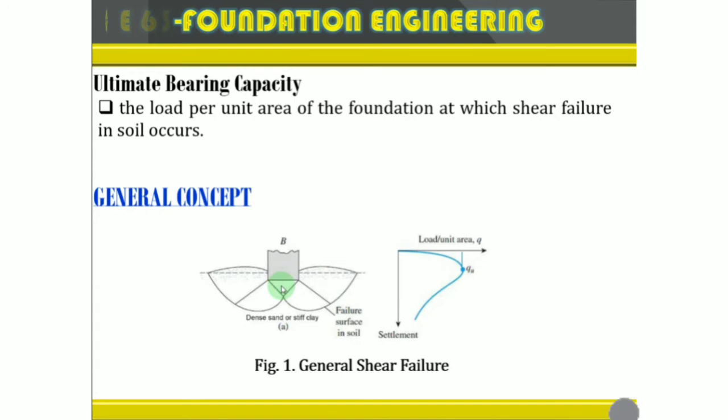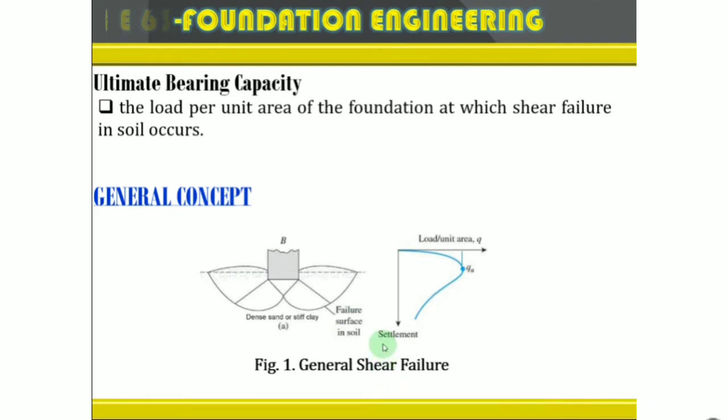A sudden failure, this is the thing that you have to remember. A sudden failure will occur, and we shall consider this as a general shear failure. So when sudden failure in the soil takes place, it is called a general shear failure.